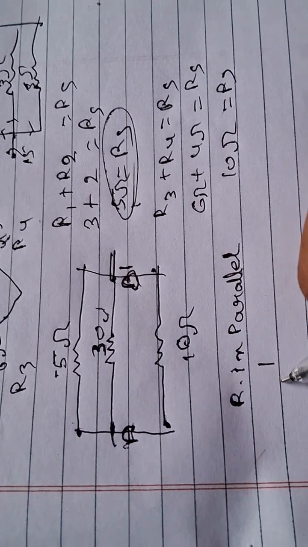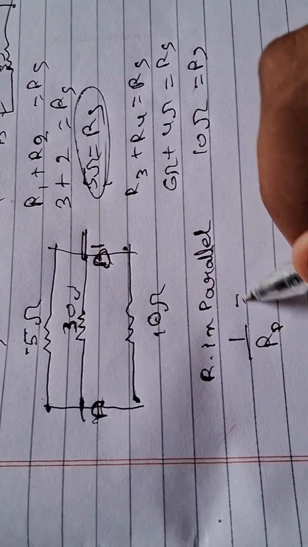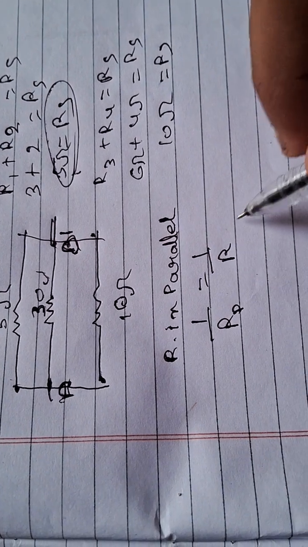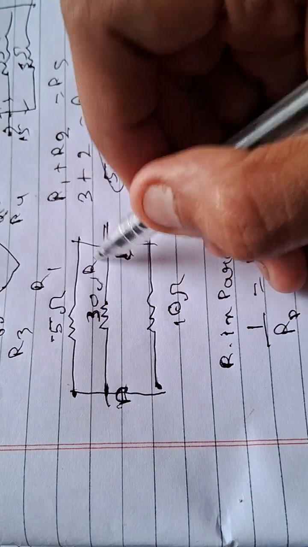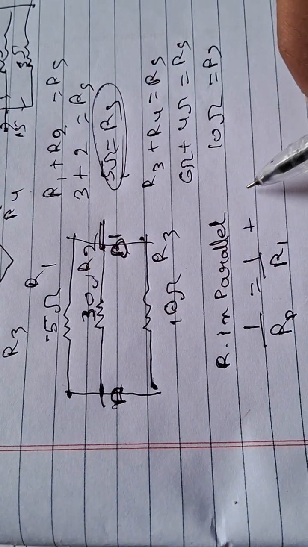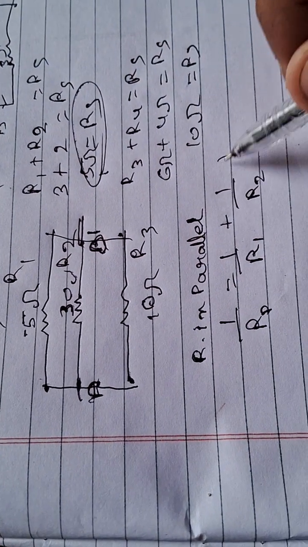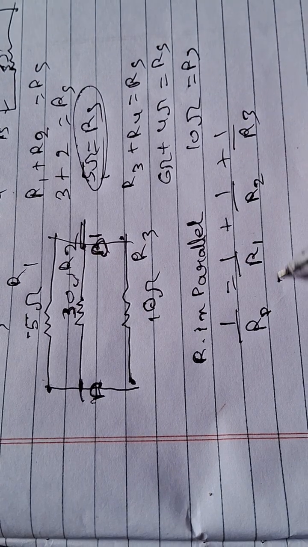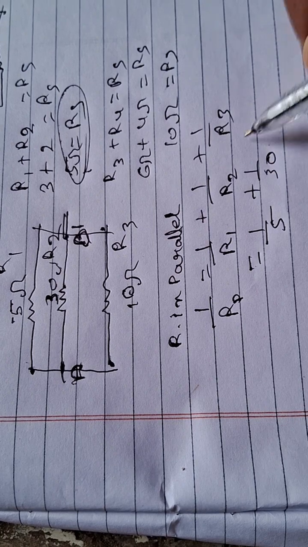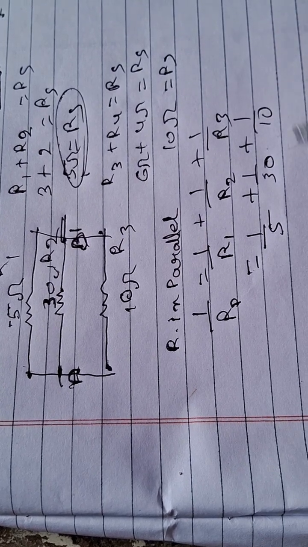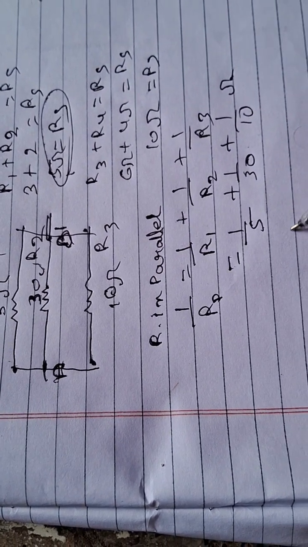So 1 by Rp is equal to 1 by R1 plus 1 by R2 plus 1 by R3. Okay, so 1 by 5 plus 1 by 30 plus 1 by 10 ohm. You can take this unit.